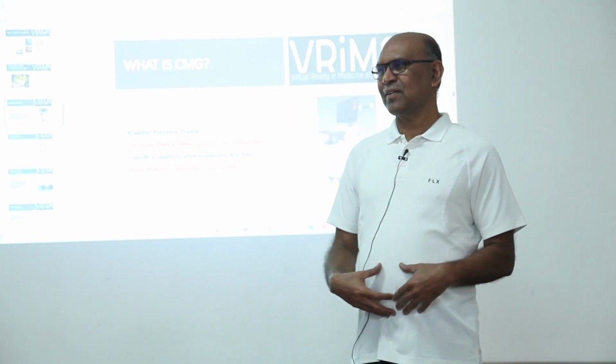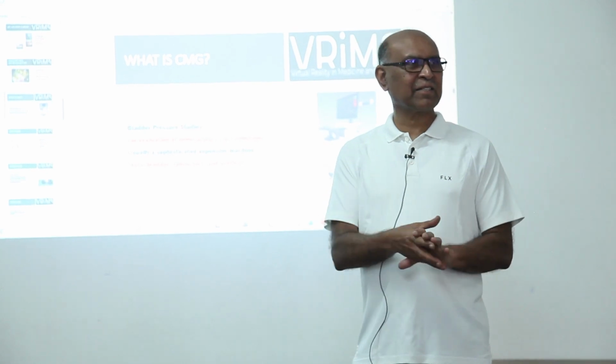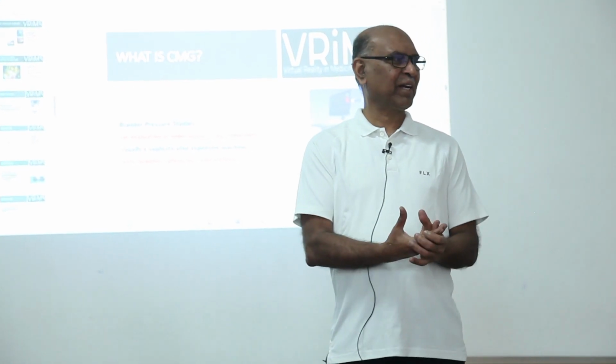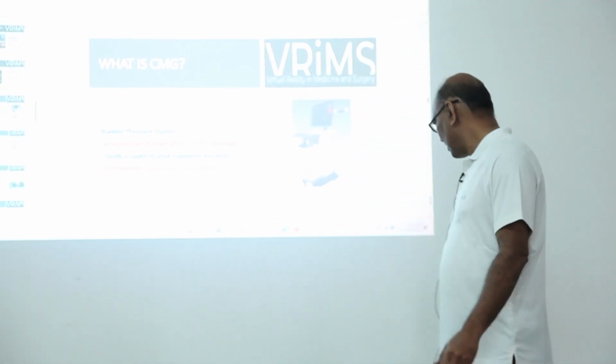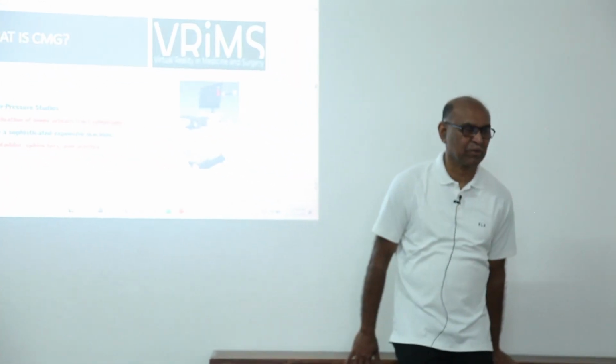So if you cough or strain the abdomen, that pressure gets added on to the bladder pressure. Okay, so then what do you do? How do you study the actual detrusor pressure? Because we are interested only in detrusor pressure. So to get the actual detrusor pressure, what should you do? You have to get the total pressure and subtract the abdominal pressure.